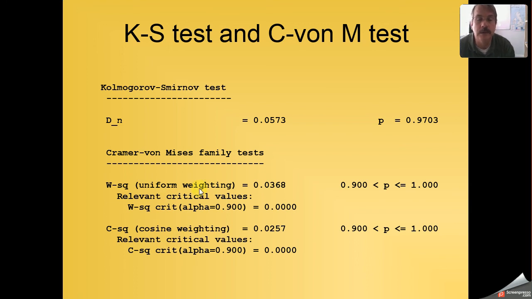One in which each data point receives equal weighting, and a second variant in which there's greater weighting for the data points at small distances from the transect and less weighting for data points at large distances from the transect. In all three instances, we have little evidence to suggest that our model is not consistent with the data that we collected. In other words, the model that we fitted to these data is adequate.